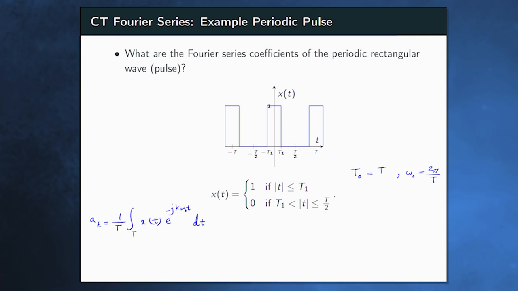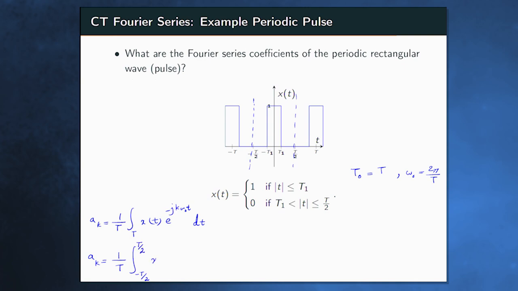All right, so I'm going to write a k is equal to 1 over T integral. I only need to evaluate this integral in one period, so I'm going to choose a period that's convenient to find the answer of this integral. So I'm going to evaluate my integral from negative T over 2 to T over 2.